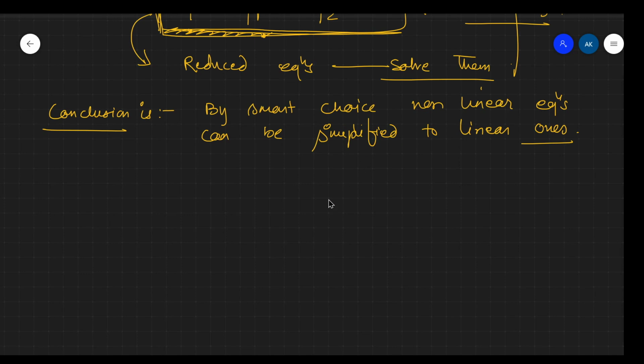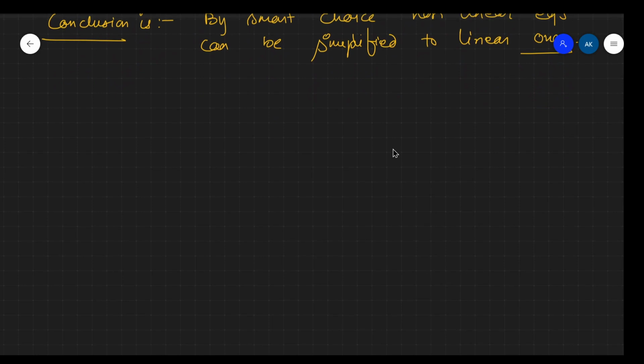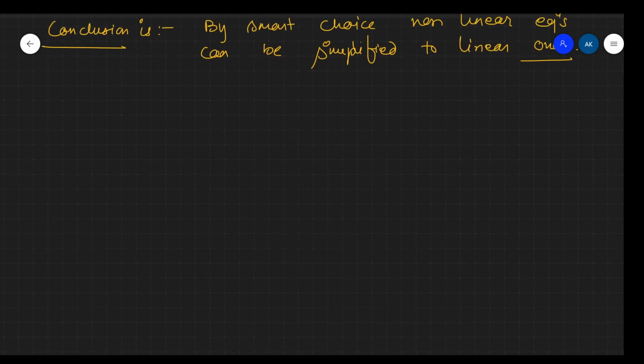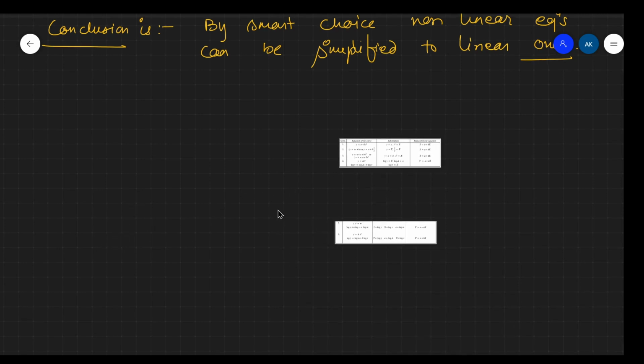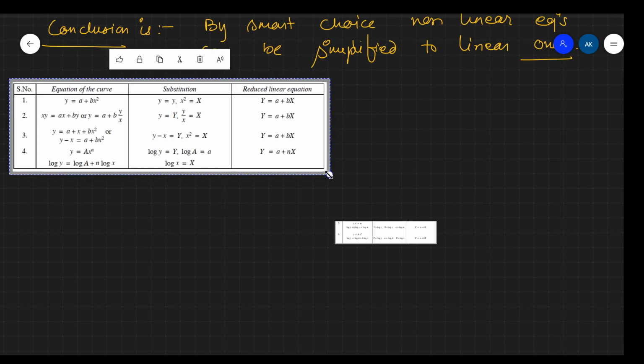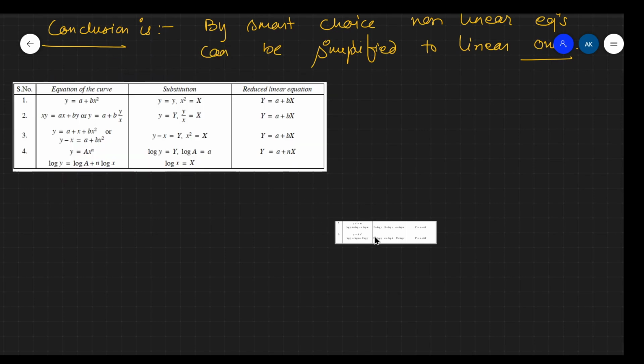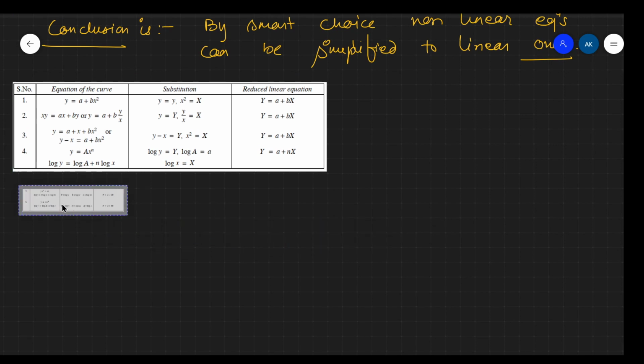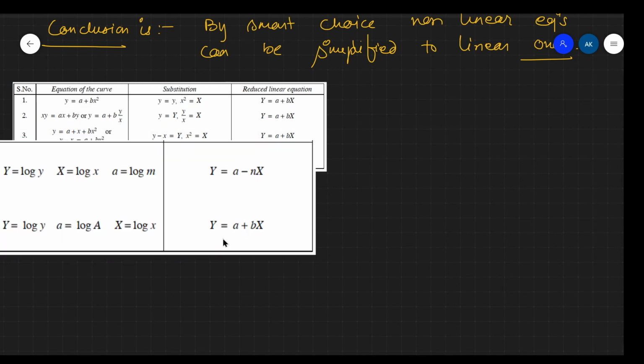Fine. So I can help you with some standard strategy. Some standard tables, like some standard smart choices, I can help you with. These are some.